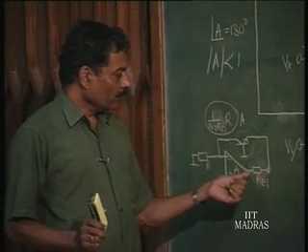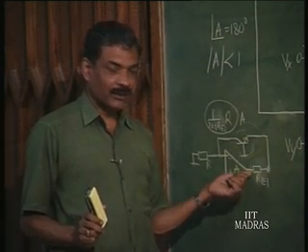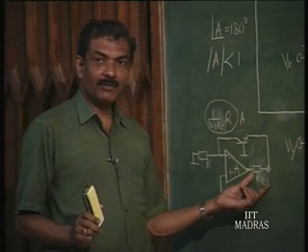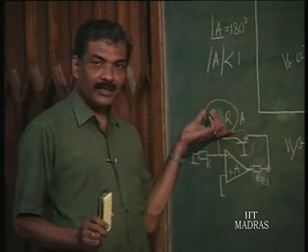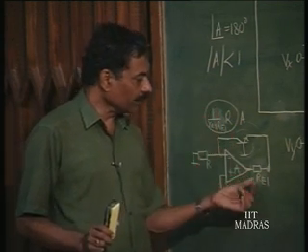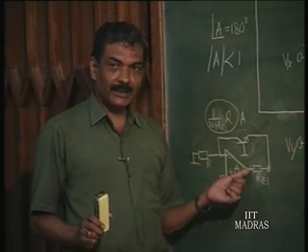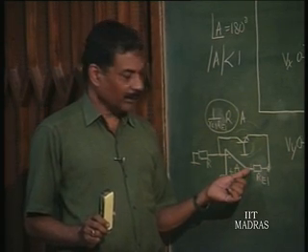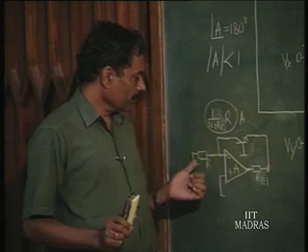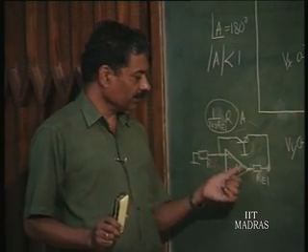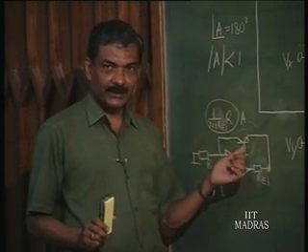Now, what happens to the output voltage? Obviously, Re1 can be made very large, so that this gain can be reduced considerably. That is not the point. As Re1 is increased, the voltage which is necessary for a certain current is going to increase, because suppose 1 milliampere flows through this.